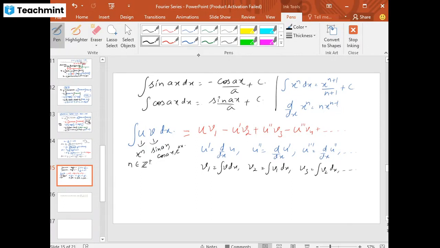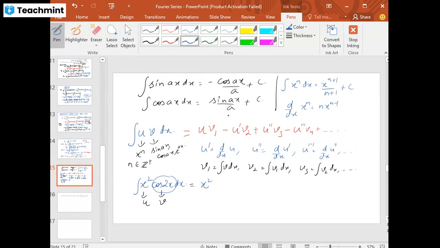Okay, so how can we use this particular formula? Let us take an example. Suppose we have an algebraic function of the type x square, and beside this we have cos 2x. So how are we going to use this product rule? I'm assuming x square as u and cos 2x as v. So u is x square, and v1 is the integral of cos 2x. What is the integral of cos ax?